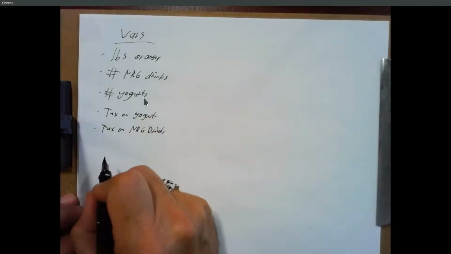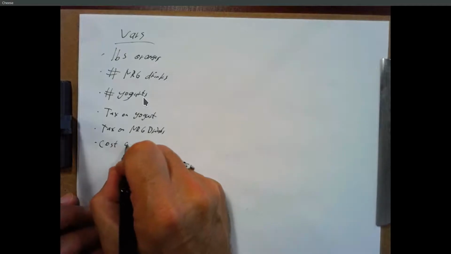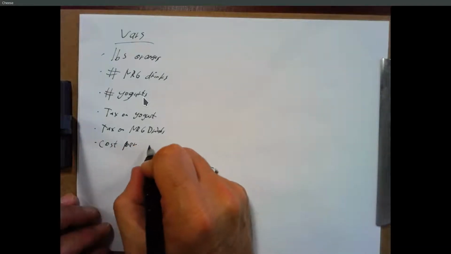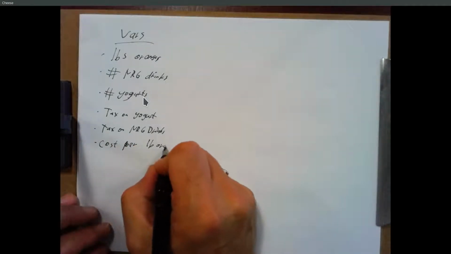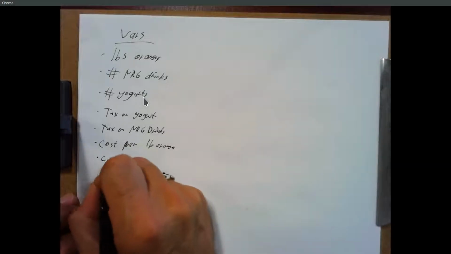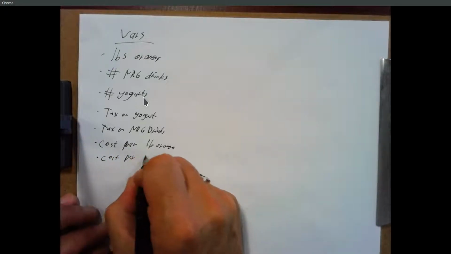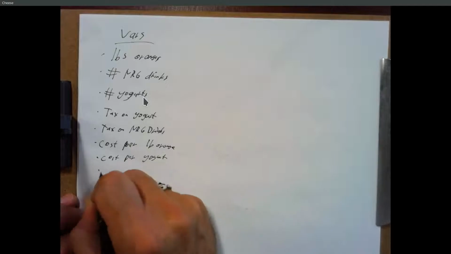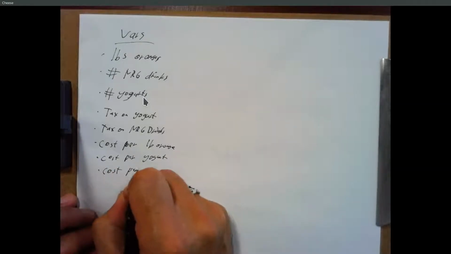And then cost: the cost per pound of orange, cost per yogurt, cost per drink.